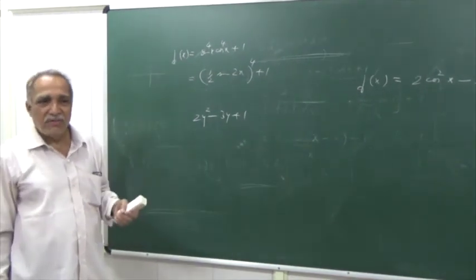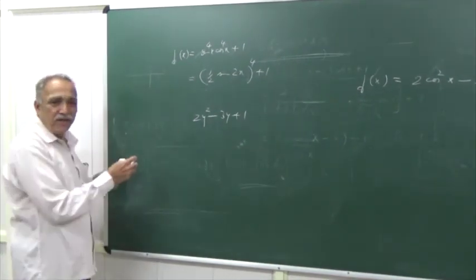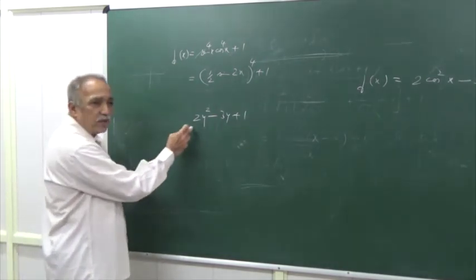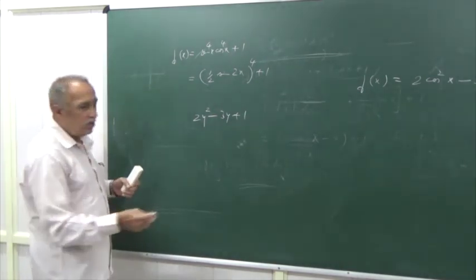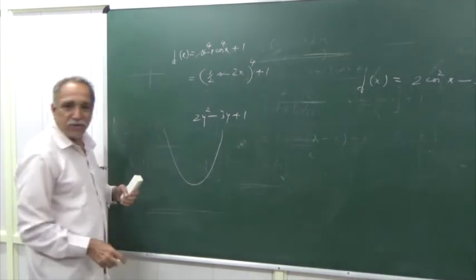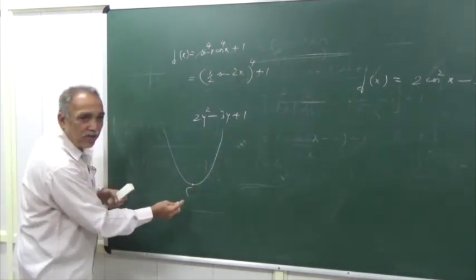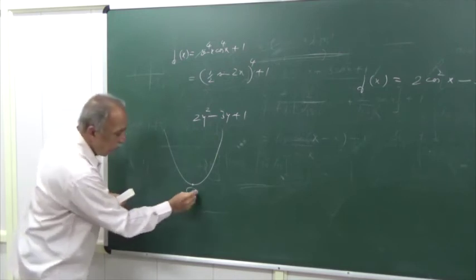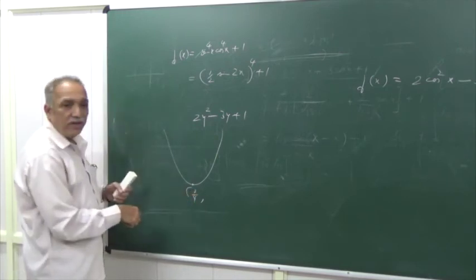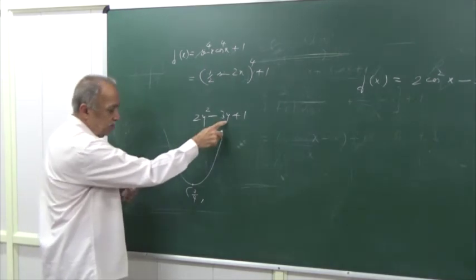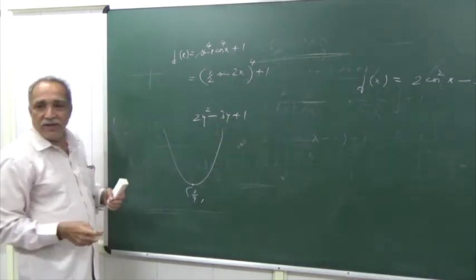Let us draw the graph. It's a quadratic with y square coefficient positive. So, graph must be a parabola with vertex below. X coordinate of this vertex is minus b by 2a, 3/4. Y coordinate is 2 into 9/16 minus 3 into 3/4 plus 1.